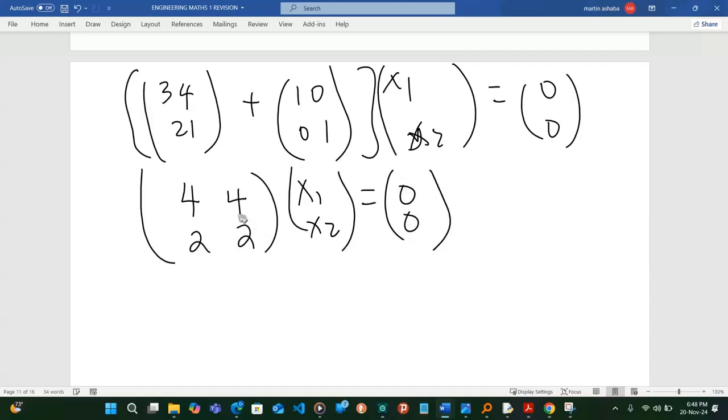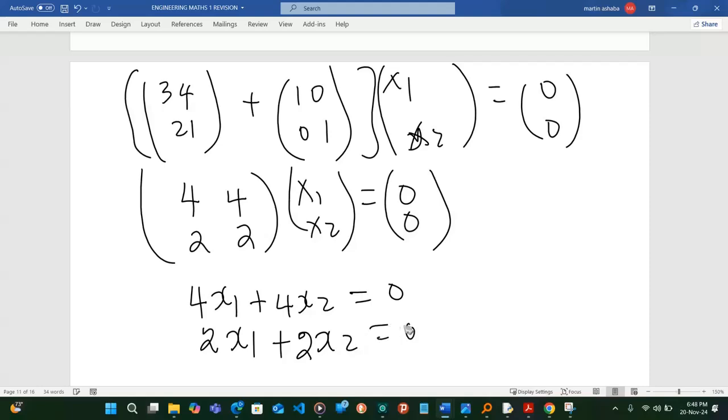So, you can multiply row by column. I'll have 4 x1 plus 4 x2, and this is equal to 0. Then 2 x1 row by column, so 2 times x2, we get 0.